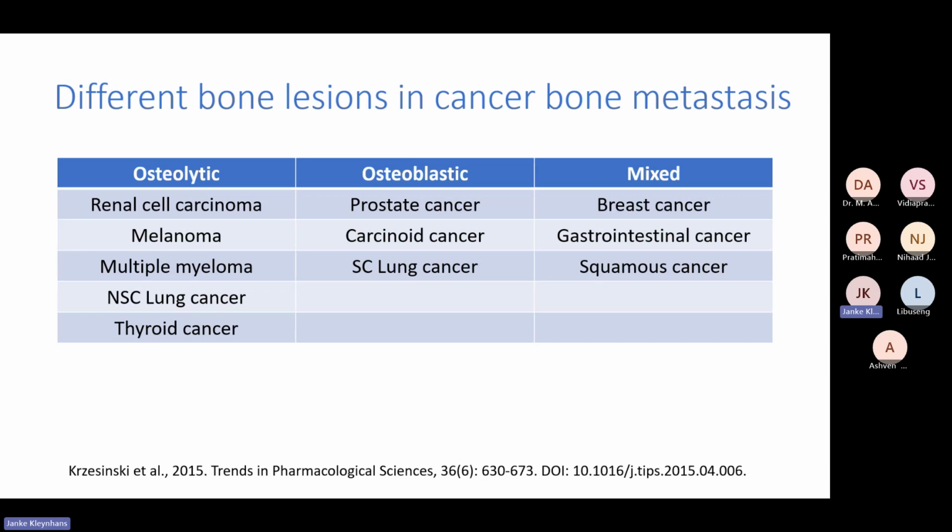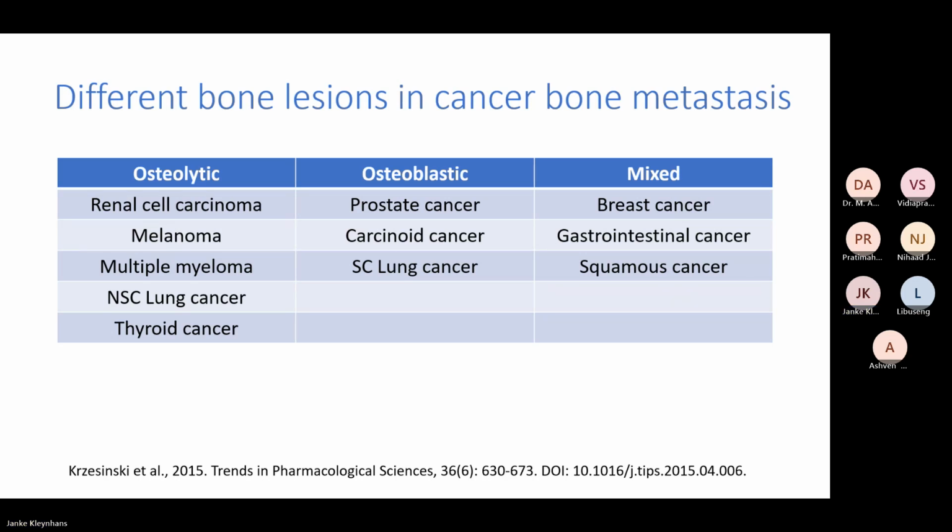So yes, bone pain palliation mostly goes to prostate cancer patients or other osteoblastic or mixed lesions. But if you have a breast cancer patient and you want to give them bone pain palliation, you have to make sure that they have some osteoblastic lesions in their metastatic makeup.